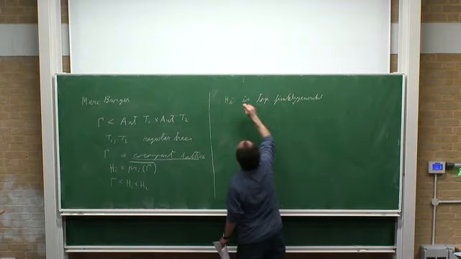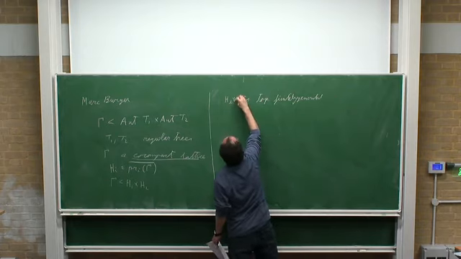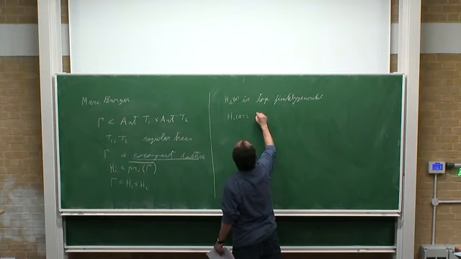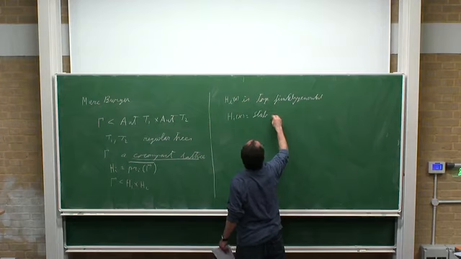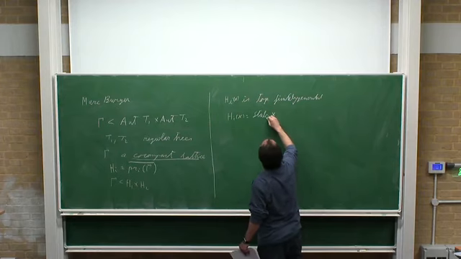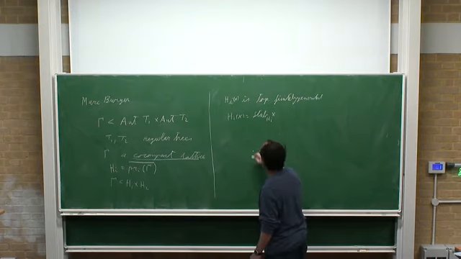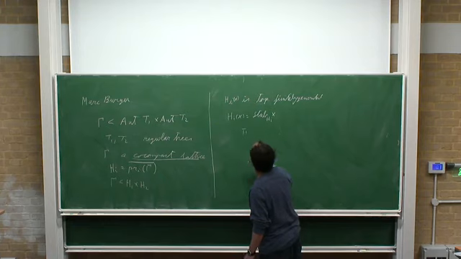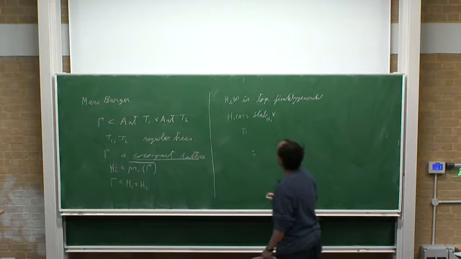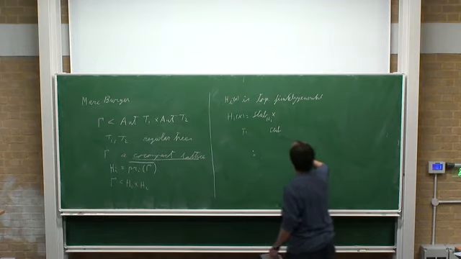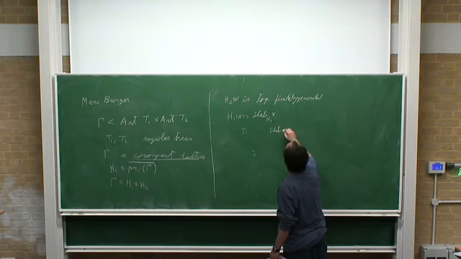Well, not Hi, I want to look at Hi_x, the stabilizer of a vertex x in Hi. The reason is very simple. If you look at one of the trees, say T1, and the vertex x, and you look at the stabilizer of x in H1.